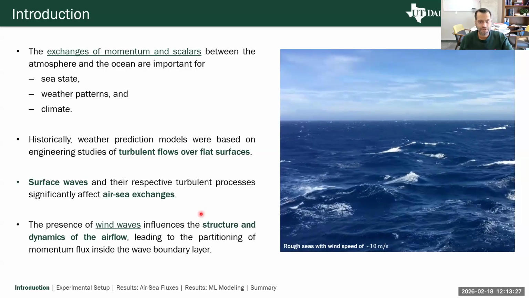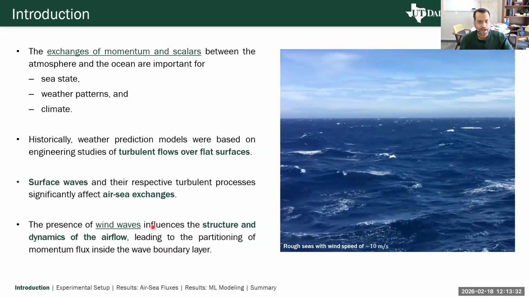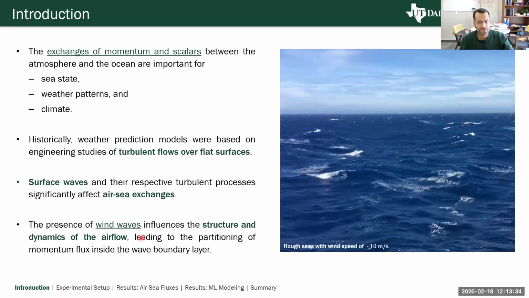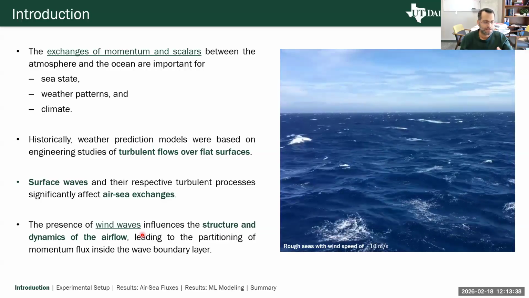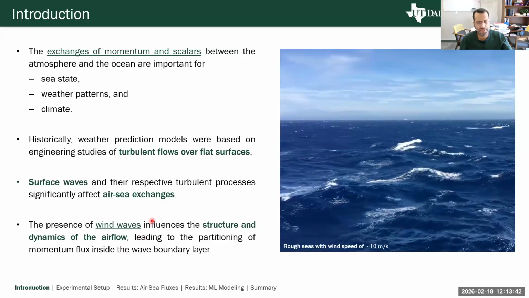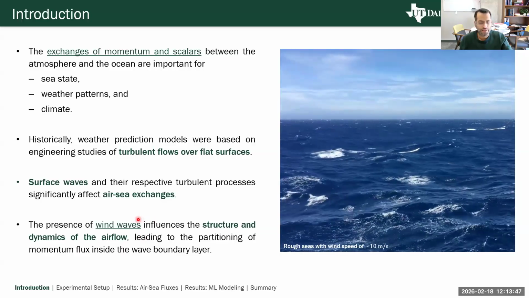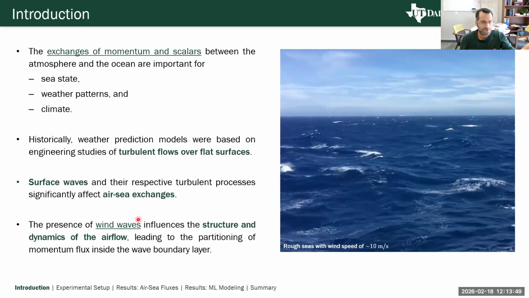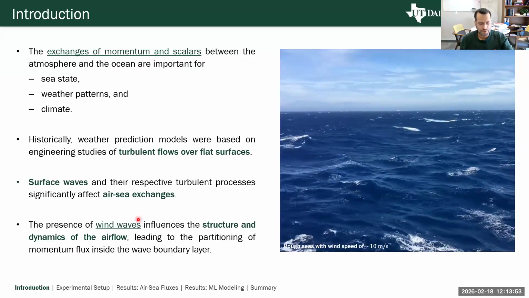In fact, when waves are present, they significantly affect the structure of the airflow, and that tends to partition the total momentum flux inside a small region called the wave boundary layer. By wave boundary layer, I mean the region in which the flow is affected by the wavy surface. In the case we are discussing here, we are considering the flow above the surface.